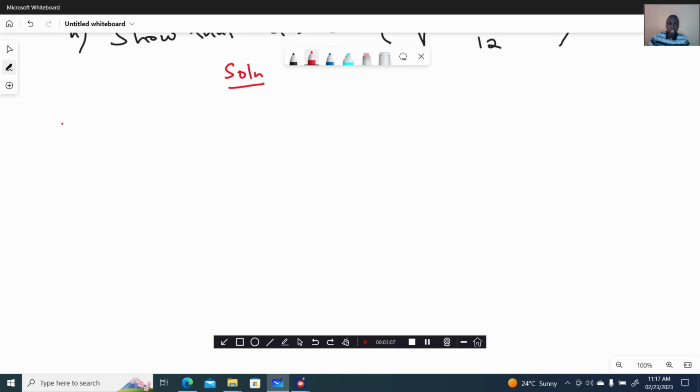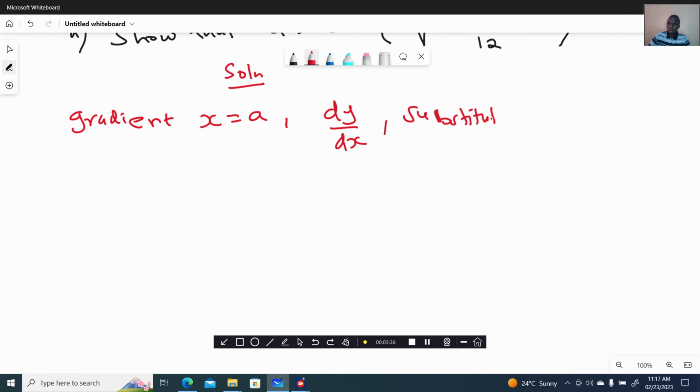So from P1, for us to get the gradient at any given point, let's say a, you have to differentiate, then you substitute x equal to a in the result that you'll get after differentiation of the given function.